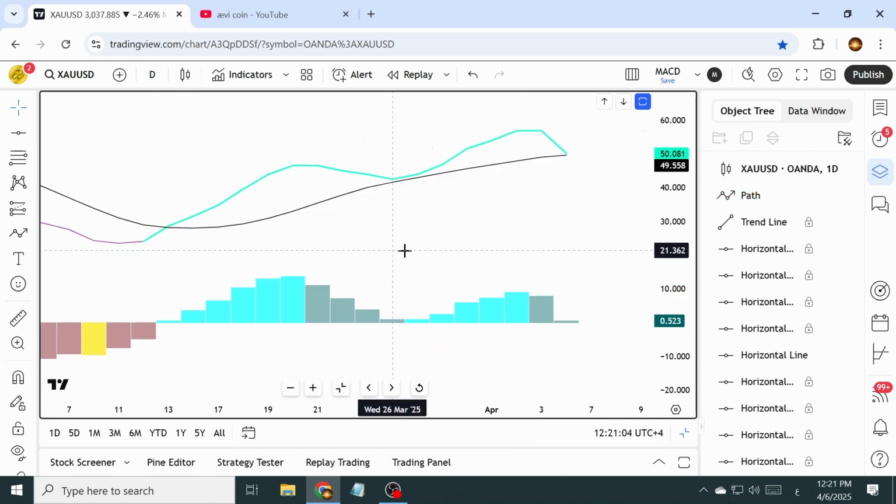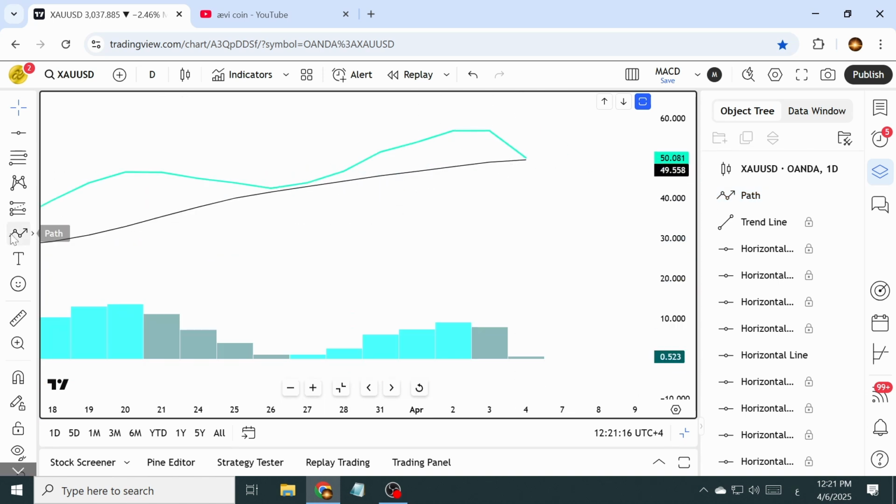In the MACD, we are witnessing a cross between the MACD line and the signal line. If this cross happens, we could see in the coming days a further movement to the downside for the gold price.